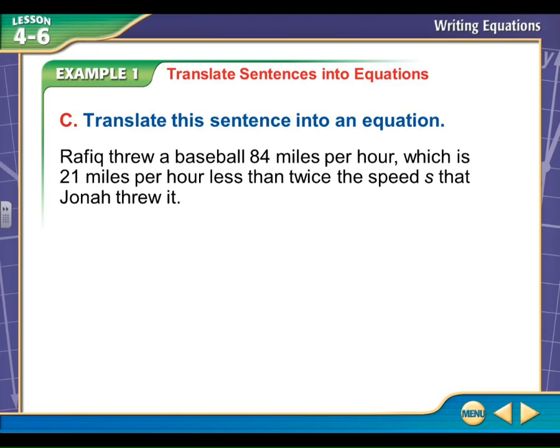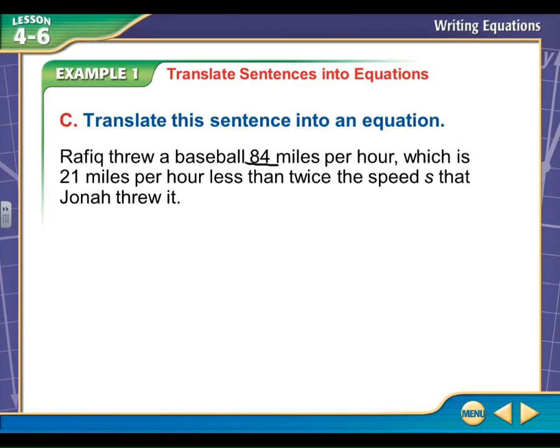Translate this sentence into an equation. Rafiq threw a baseball 84 miles per hour, which is 21 miles per hour less than twice the speed s that Jonah threw it. Let's underline our important information.